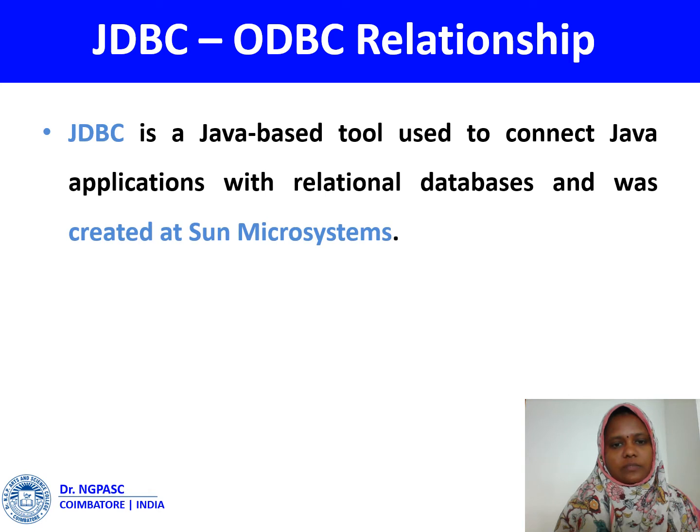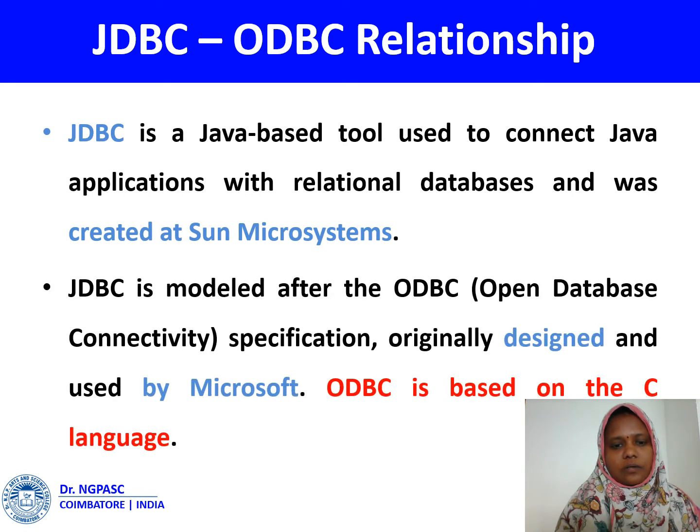The next one is JDBC ODBC relations. Before the invention of JDBC, we used only ODBC, or Open Database Connectivity. After the invention of Java, they created a Java based tool, JDBC. JDBC is a Java based tool used to connect Java applications with relational databases and was created at Sun Microsystems.